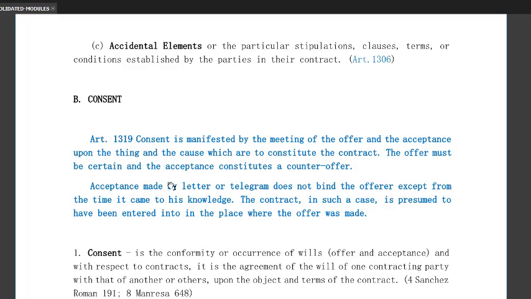So, reckoning date pala, yung binding effect ng acceptance ay kapag lang it would reach or it came to the knowledge of the offeror.